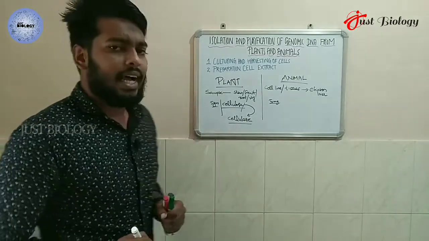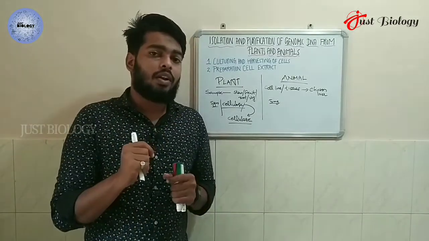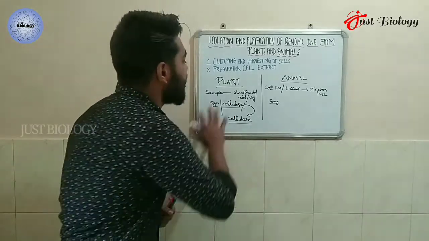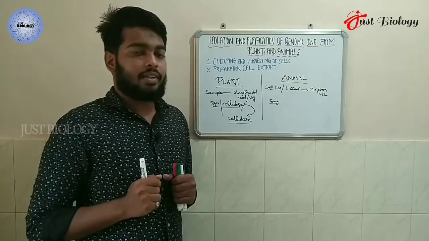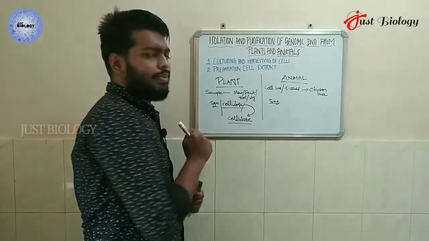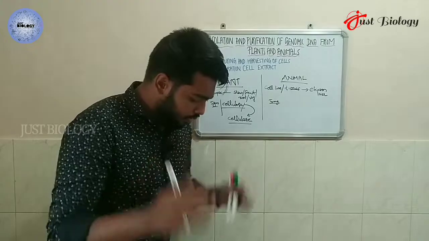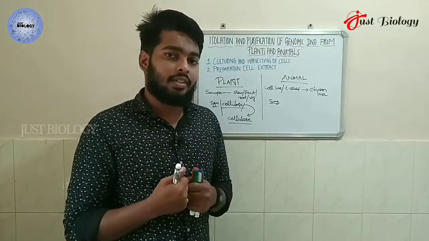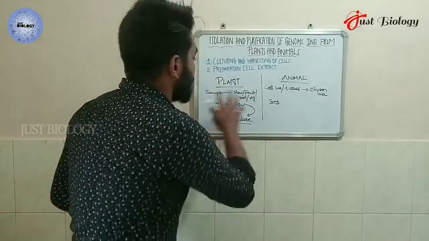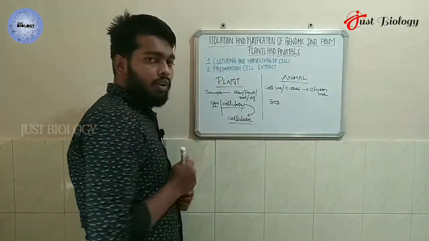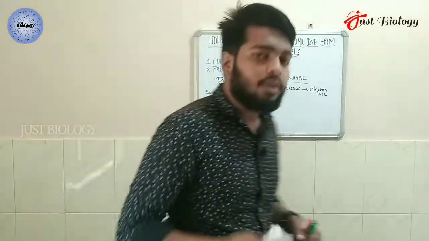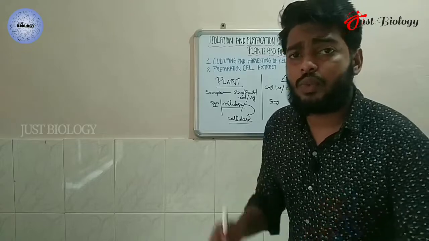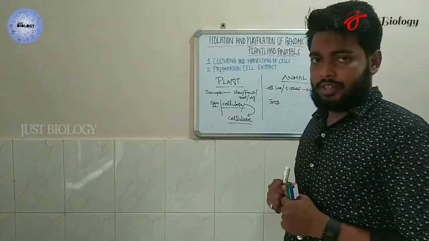This enzyme will act on the cell wall and the cell wall will be degraded, so that we can easily get the cell membrane. How can we break the cell membrane in the case of plants? We have a special technique: treating with sodium chloride. If we treat the cell without its cell wall with NaCl, the sodium chloride will lyse the cell membrane.